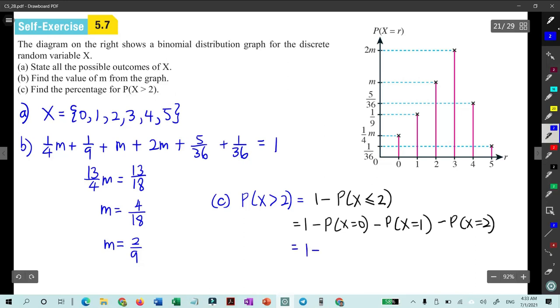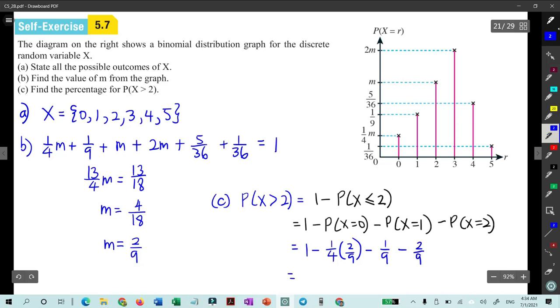So 1 minus P(x = 0). Okay, it's 1 over 4 times 2 over 9. Okay, don't forget to substitute the value of m. Minus P(x = 1), which is 1 over 9, minus P(x = 2), which is m. So it's 2 over 9.